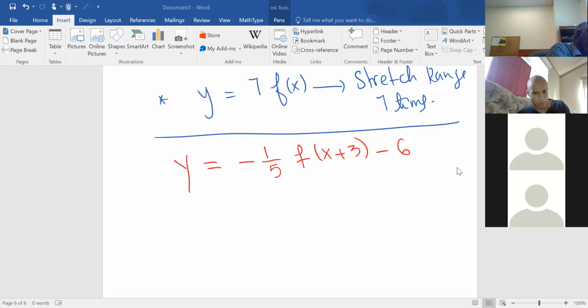Shrink the range by 5. I agree with that, right?